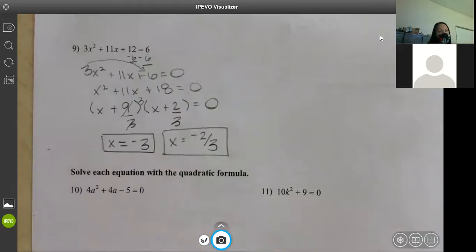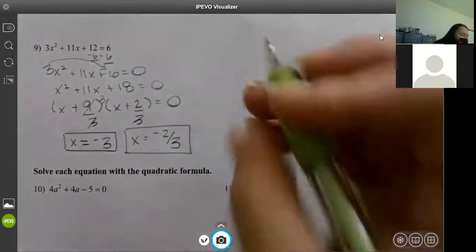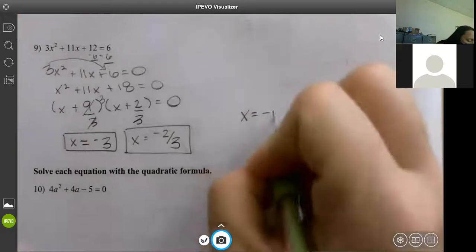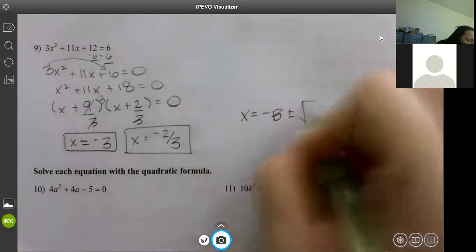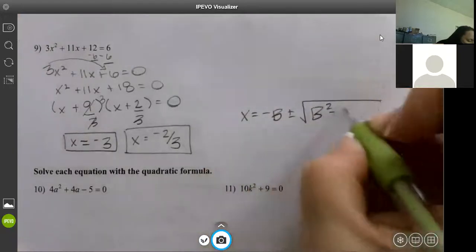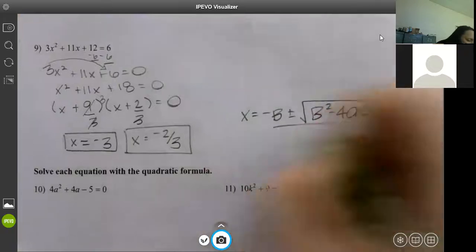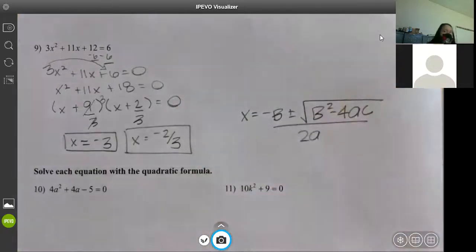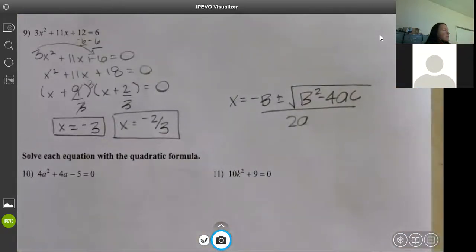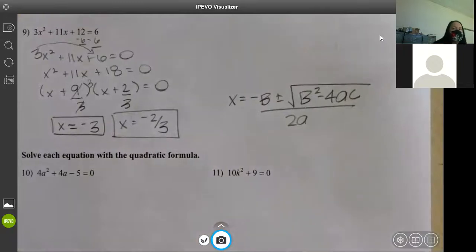So then I have 3 with quadratic formula. Out to the side over here, I'm going to write your quadratic formula. x equals negative b plus or minus the square root of b squared minus 4ac, all over 2a. Remember, once you get it equal to 0, you can see your a, b, and c.